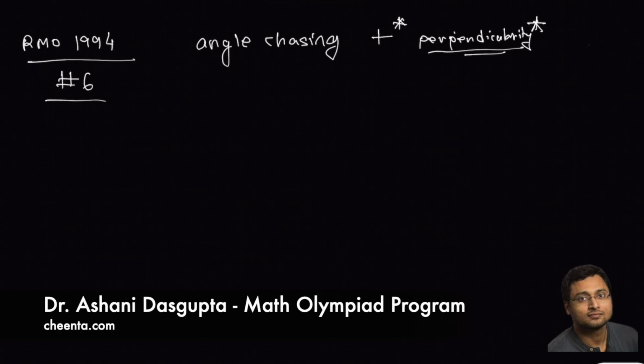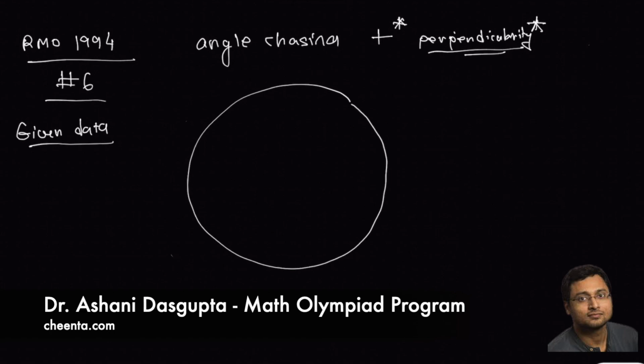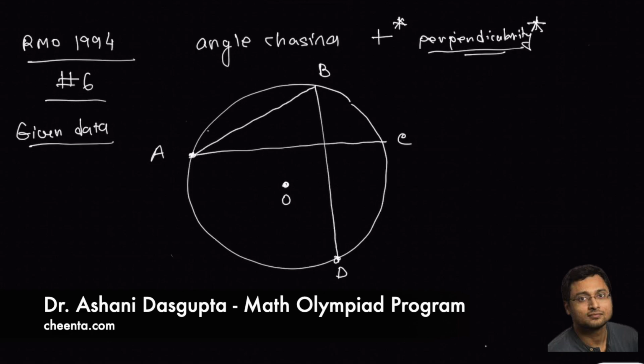So let me first give you the given data of the problem. We have a circle and we have two chords AC and BD, which are perpendicular to each other. O is the center of this circle, and AB, CD, we join them.